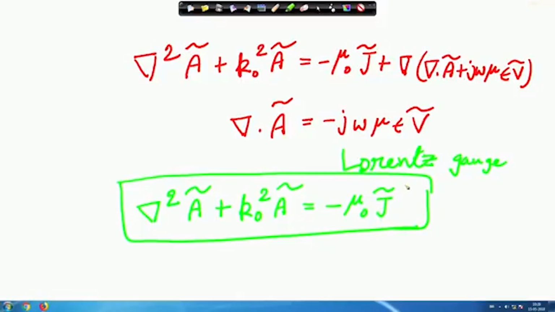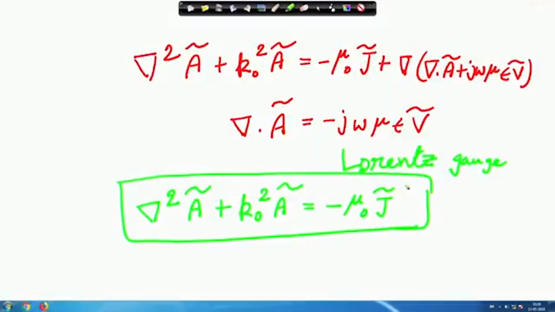So, if from some measurement or by physical understanding, we can find what is the direction of j, we are finding immediately that the vector potential A will also have that same direction. That was not possible in the earlier case if we had not taken the help of vector potential.